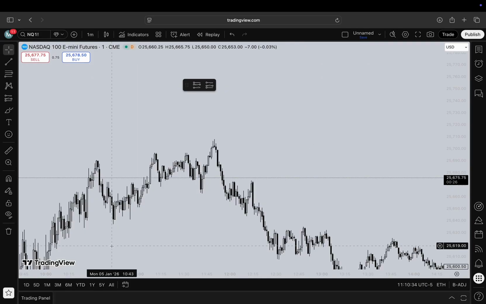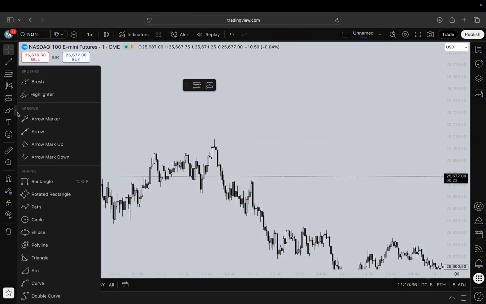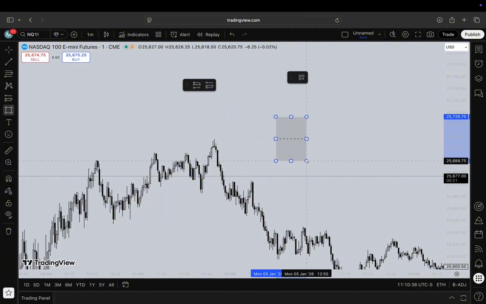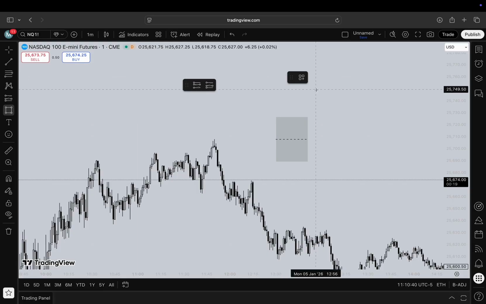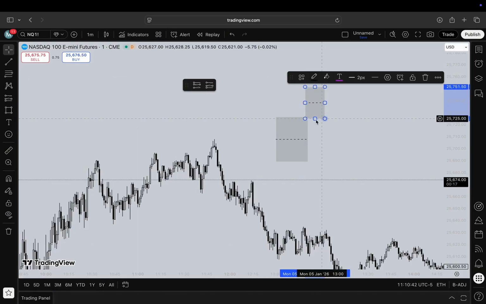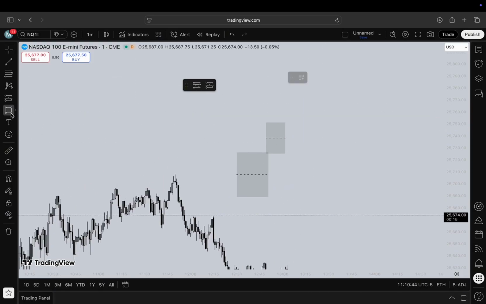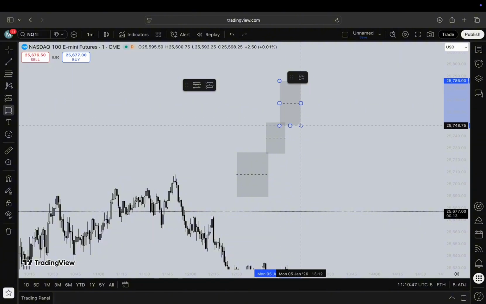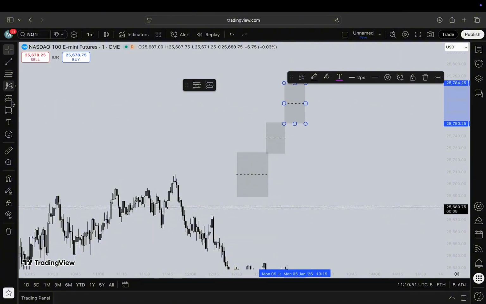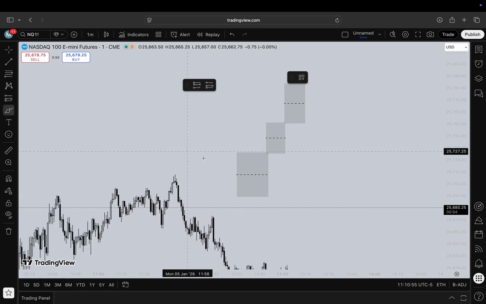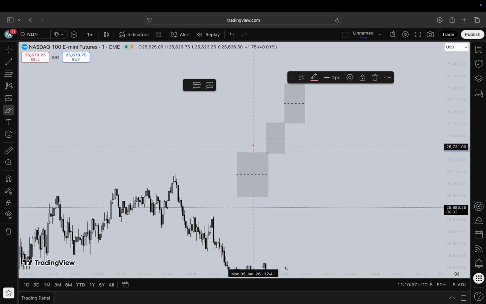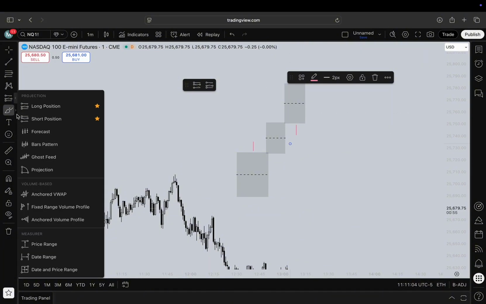A fair value gap is a 3-candle pattern like this. I'm just going to draw it on the charts right here. Essentially, it's a 3-candlestick pattern where the wick of the top candle and the wick of the bottom candle don't cross over each other, and they leave an imbalance in price in the center candle.